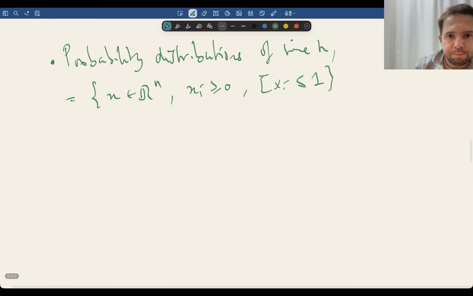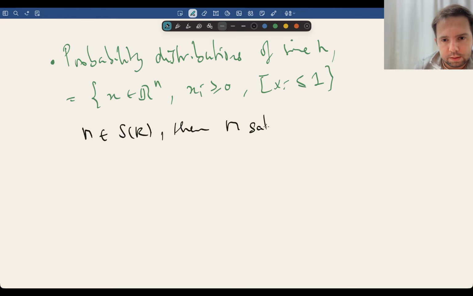So in particular, if we take a matrix M in S of R, then M stabilizes R_+^n.